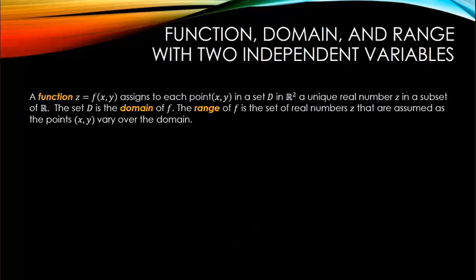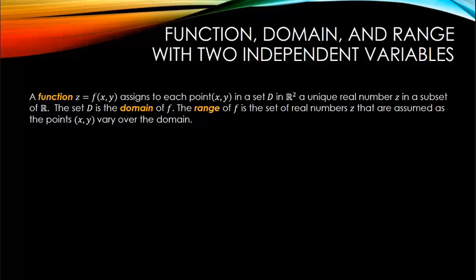A function given by z is equal to f of x, y will assign to each point x, y in a set D that exists in my two-dimensional space a unique real number z in a subset of R in one dimension. The set D is the domain of my function f.